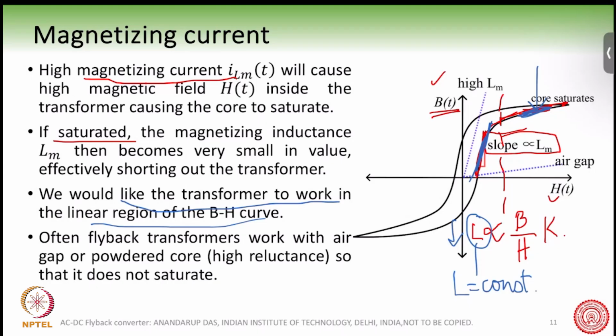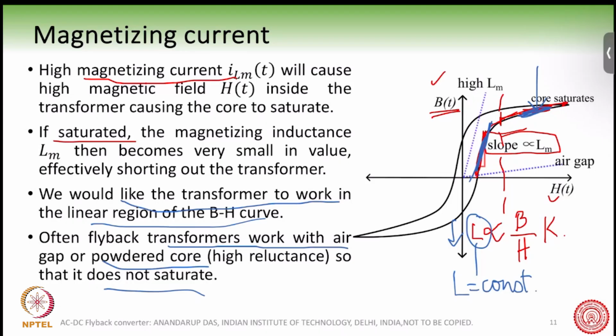One of the important things that we will also observe later is that this has some connotations. We work with an air gap or powdered core, with a high reluctance, so that it does not saturate. We will talk about it a little bit later, but just keep in mind, we usually work with a transformer with an air gap.